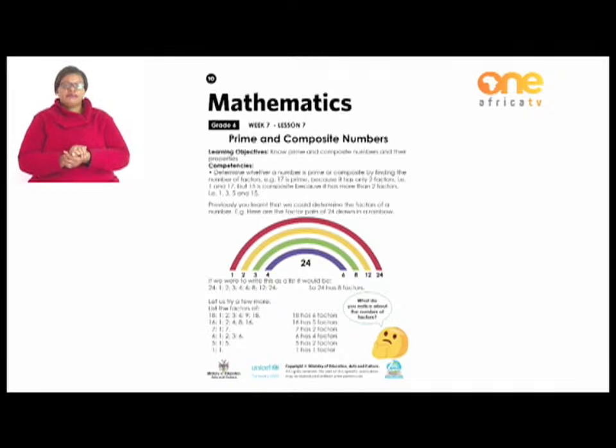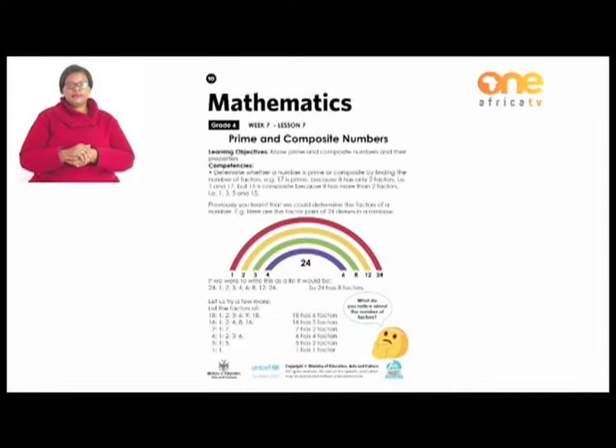And then we have 16, which is 1, 2, 4, 8, and 16 itself, which is a total of 5 factors. And then we have 7. And 7 only has 1 and itself. In other words, 1 and 7. So it only has 2 factors.